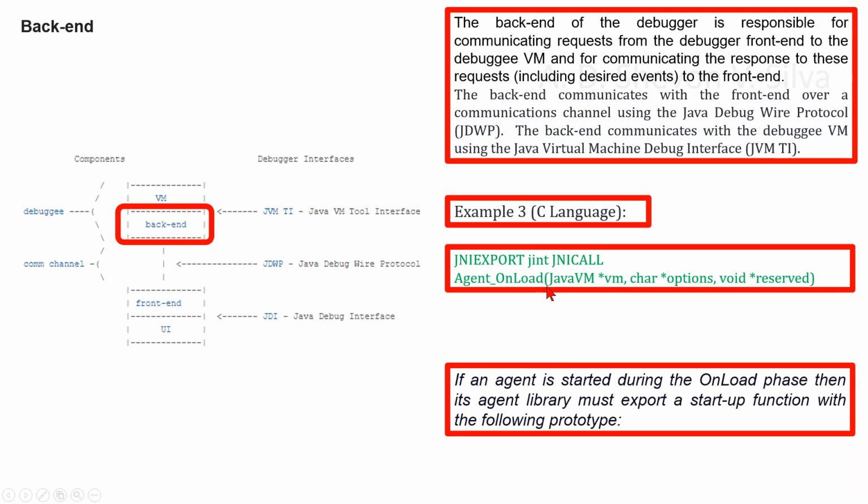The agent can safely process the options and set event callbacks with SetEventCallbacks. Once the VM initialization event is received, that is, the VMInit callback is invoked, the agent can complete its initialization.